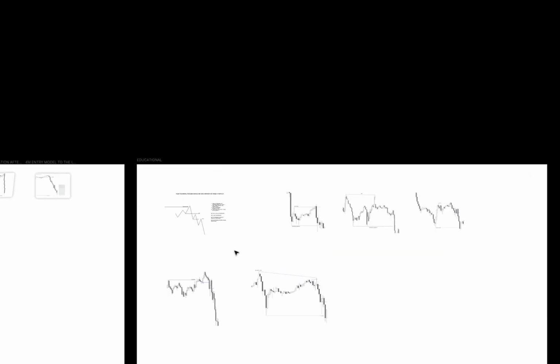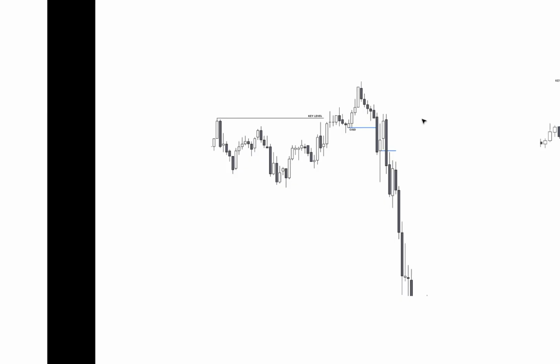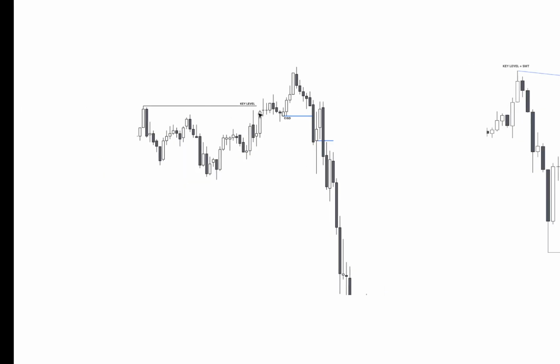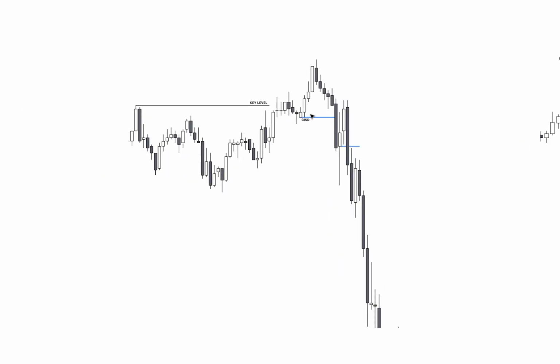Do I have another one? I do. I have another one. Key level, CSD, clear manipulation, clear run, displacement back into the range, right? What do I look for again?